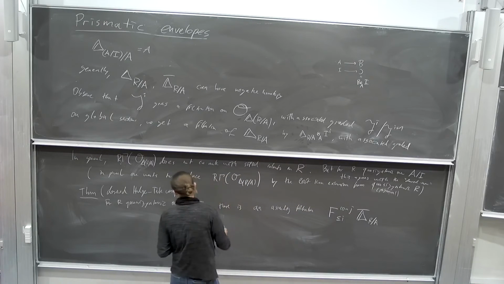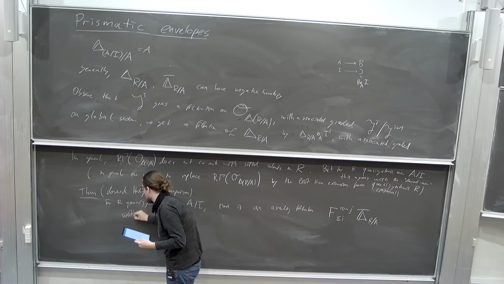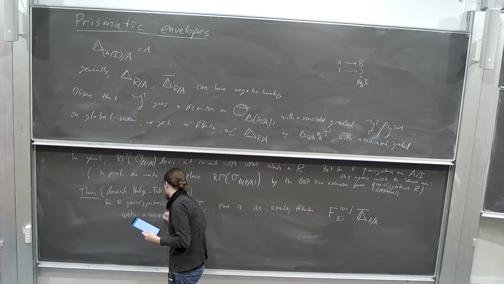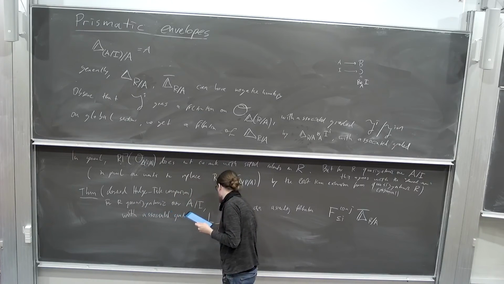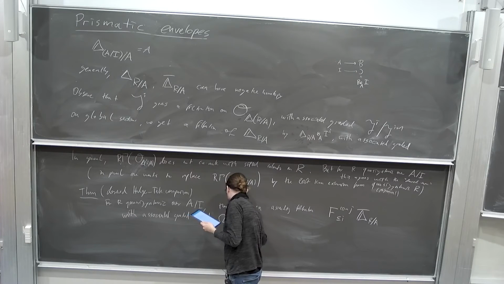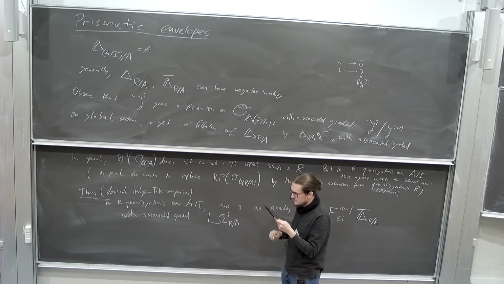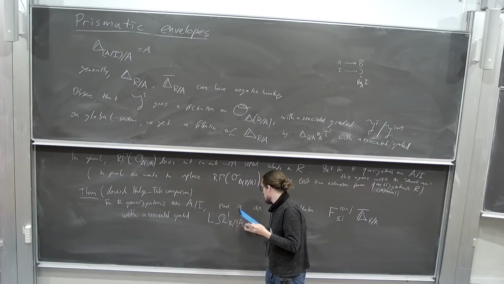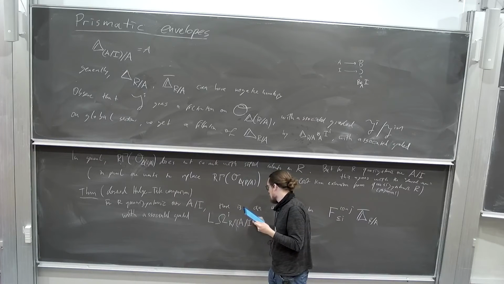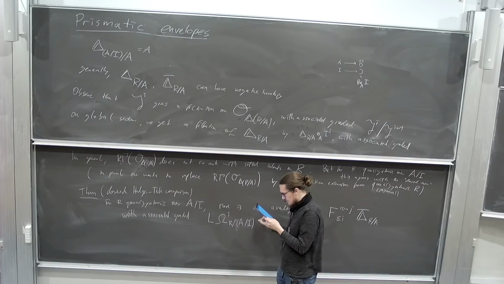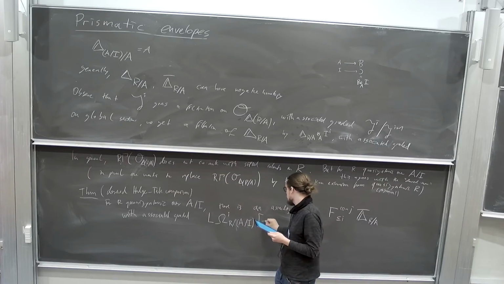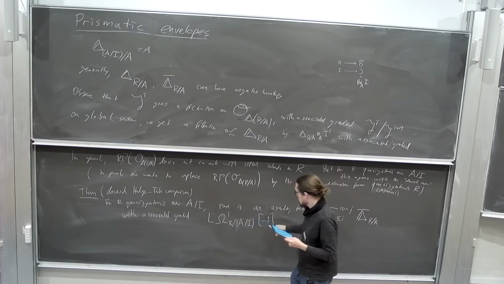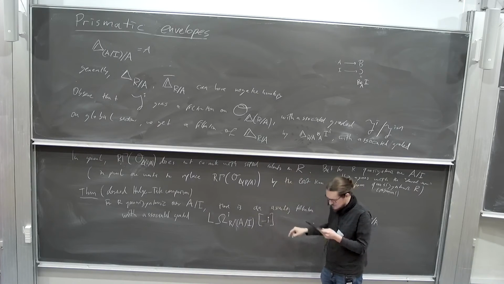And this filtration has associated graded given by these derived de Rham forms of R relative to A mod I. And then pi minus I lives in degree -1, so here I should put the shift to degree -1.